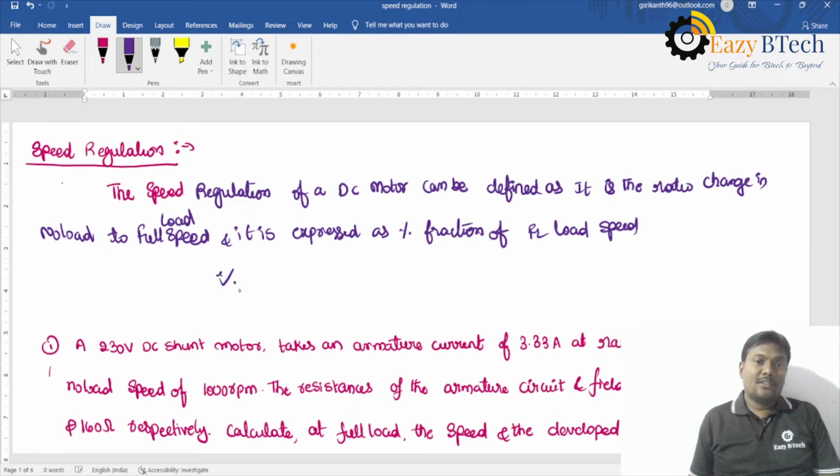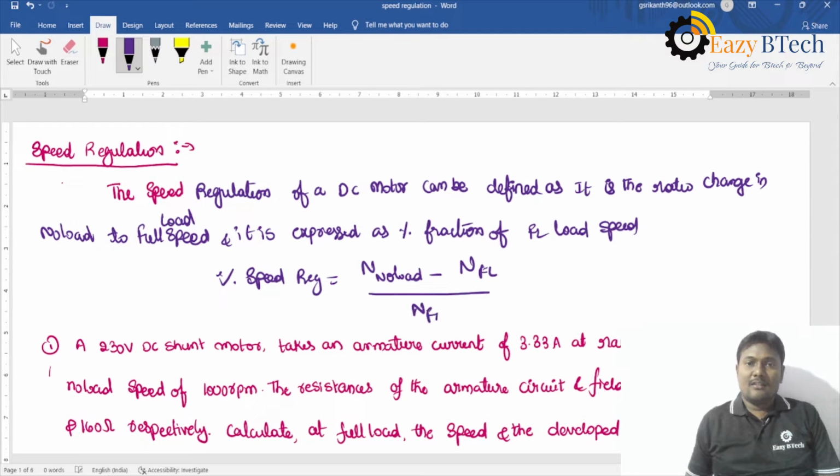So this is percentage speed regulation: N no load minus N full load divided by N full load into 100.